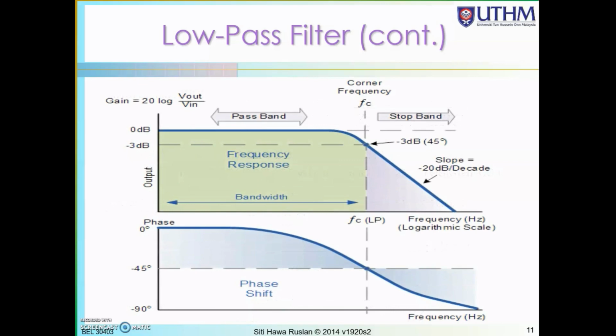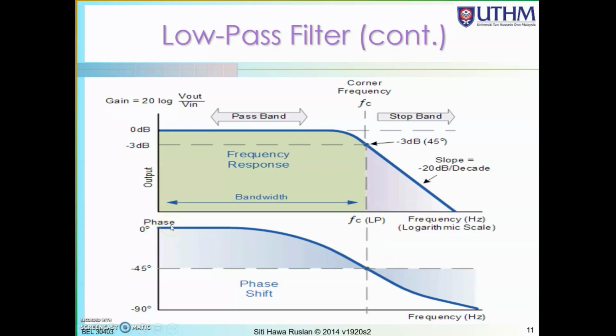So when you plot it, that is your cutoff just now. You get 0 dB at the pass band, which is 1 in linear scale, and then the slope will be minus 20 dB per decade. And there is a phase shift between V out and V in.